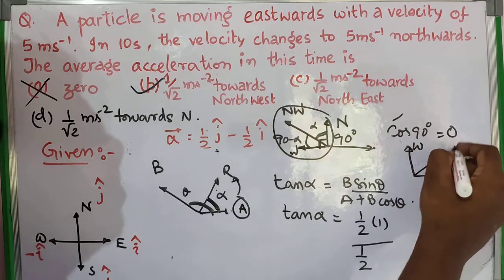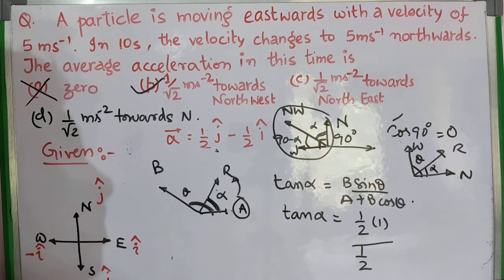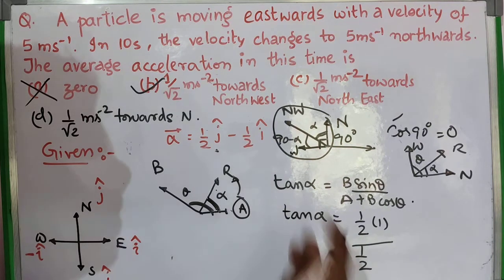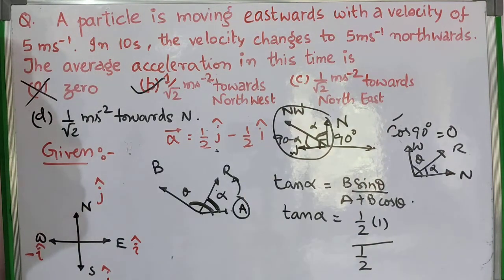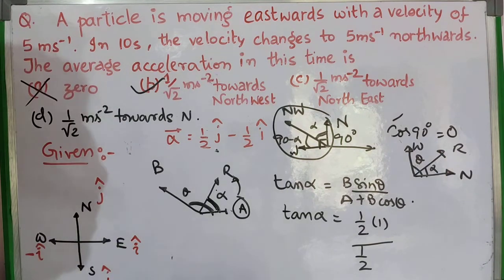So this becomes the resultant, this becomes alpha, this whole term becomes theta. Clear? So for B sin theta, I can take a plus because I am only concentrating here. If you have confusion, please write it down in the comment section.